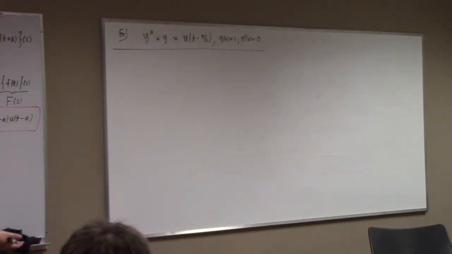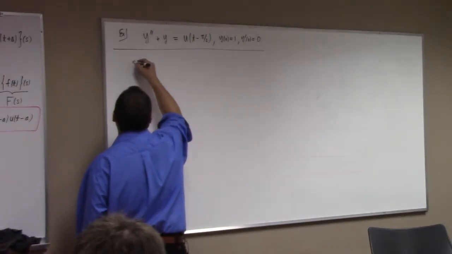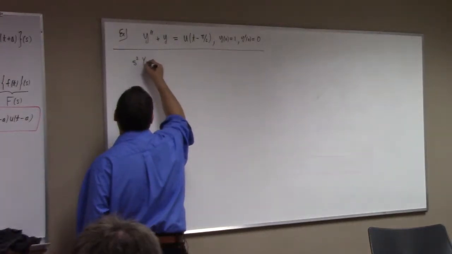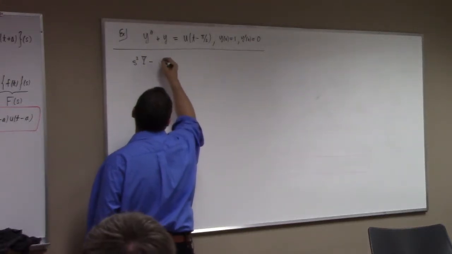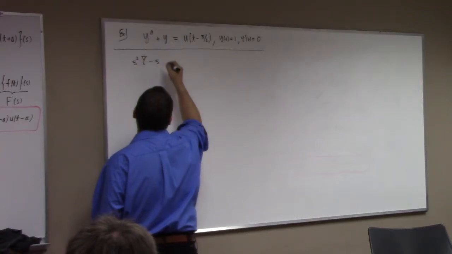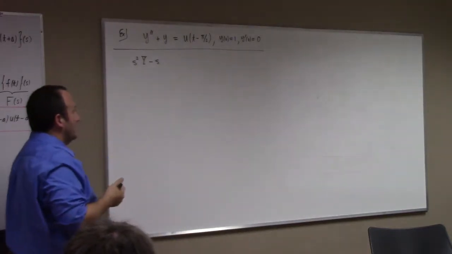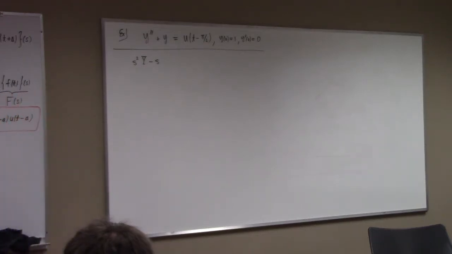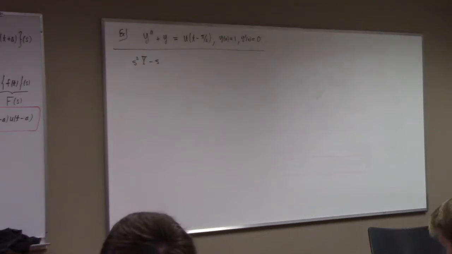So first step, we take the Laplace transform of the differential equation. This gives us s squared, big Y, minus s. I'm using table 7.2, maybe the third row. Notice that you see minus s f of 0: s multiplies the initial condition for y.